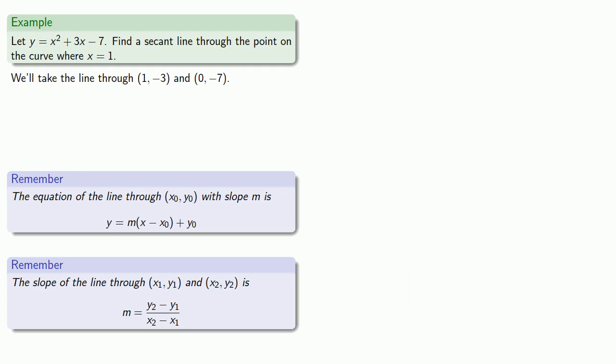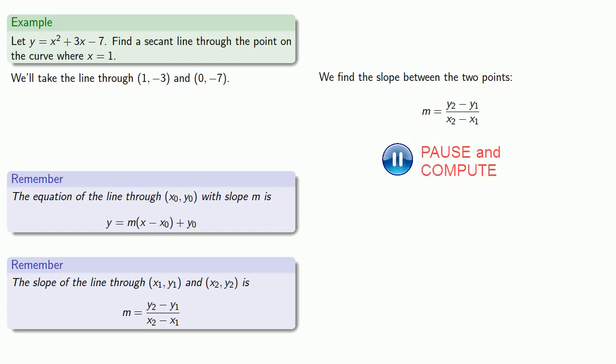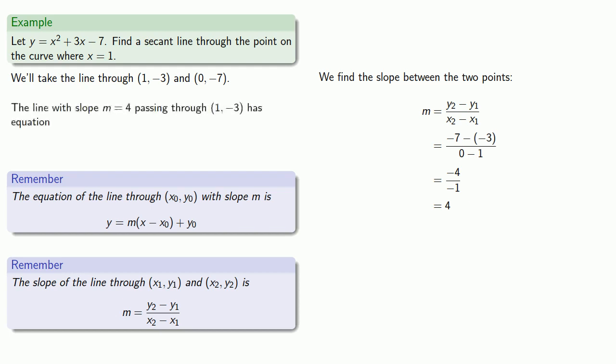And so we can find the equation. We find the slope between the 2 points. And once we have the slope and a point, we can write the equation of the line. The line with slope 4 passing through 1, -3 has equation.